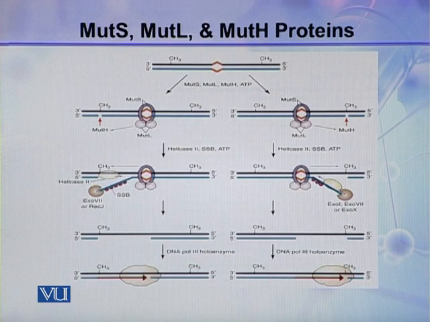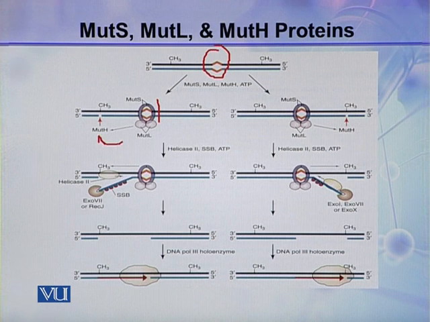So here you can see this is the mismatch site. So here you can see a MutS MutL complex. This complex activates MutH, and this MutH introduces a nick here. So this nick is towards the 3 prime side, and similarly it may be towards the 5 prime side.